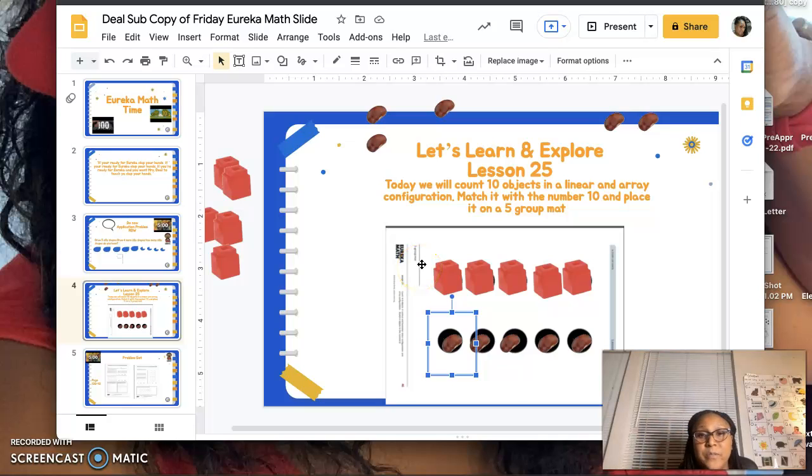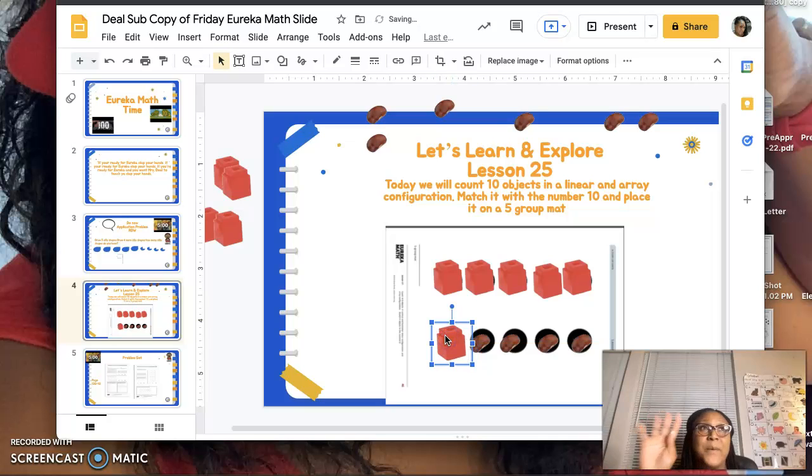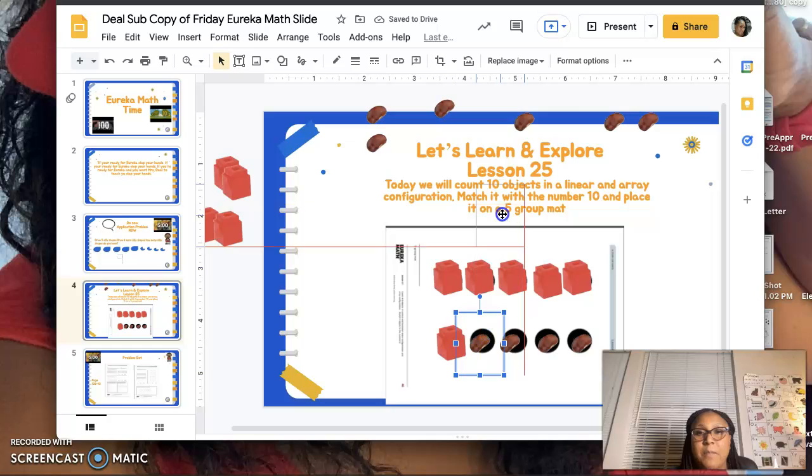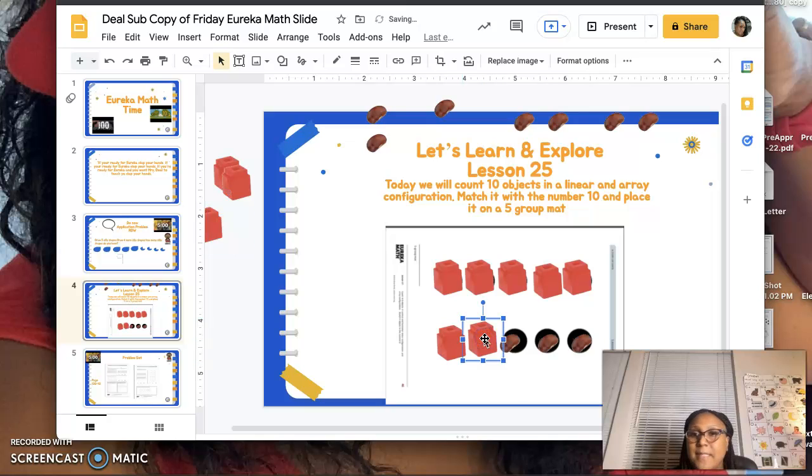I sure do. So now, guess what? I'm taking away another bean. I'm adding 1 more cube. Now I have 6 cubes on my 5 group mat and 4 beans. All right, I'm going to take away another bean. I'm going to replace it with 1 more cube. I have 7 cubes on my 5 group mat and 3 beans.